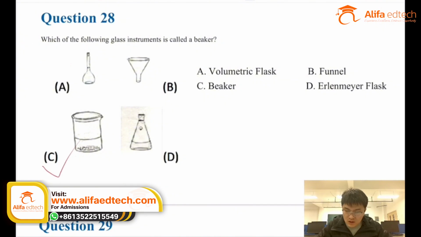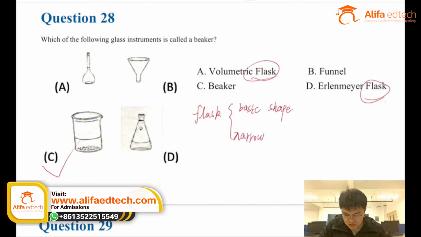You can see A and D are flasks. By the way, you also need to know what a flask is about: it has a flat base and a narrow neck. In one word, bigger below but smaller above.